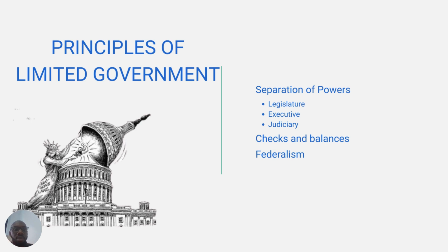Now, separation of powers is a political doctrine originating in the writings of Charles the Secondant, in which he argues for a constitutional government with three separate branches. Each of these branches that we've already spoken about would have defined abilities to check the powers of each other.